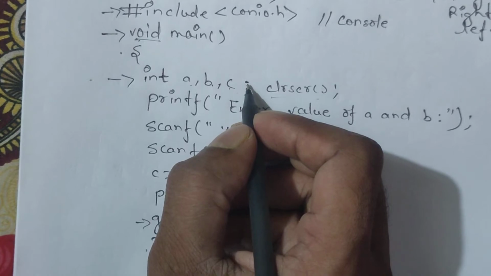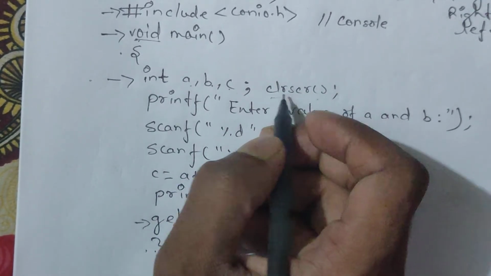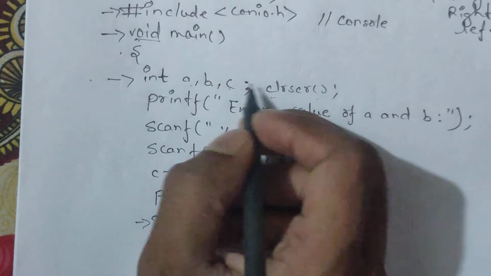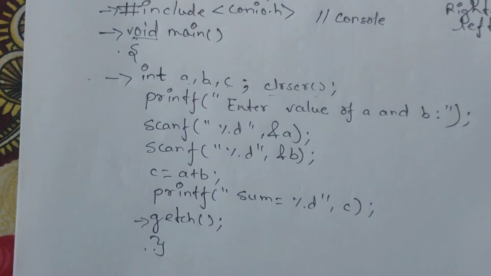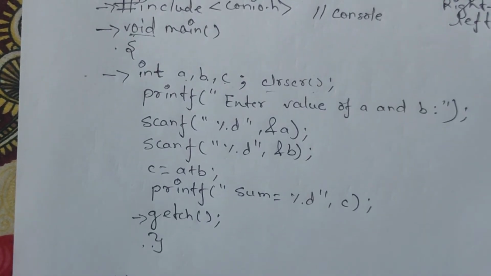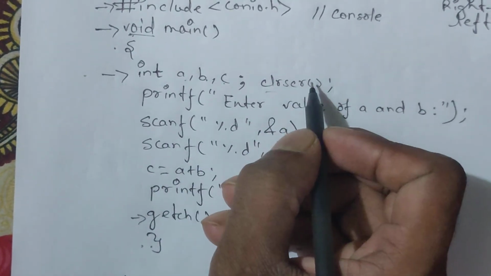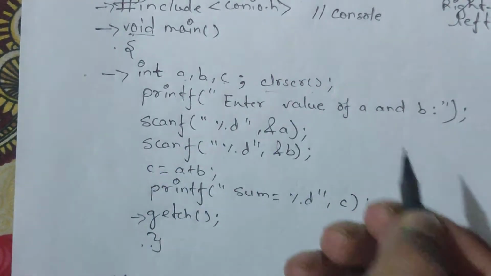If I forgot to write this one, then it would create a problem, but I have used the semicolon here, and at last it won't create any problem. We can write this, but it is not a good way to write a program. As a choice we can write it here, but it's good to write it in the next statement.